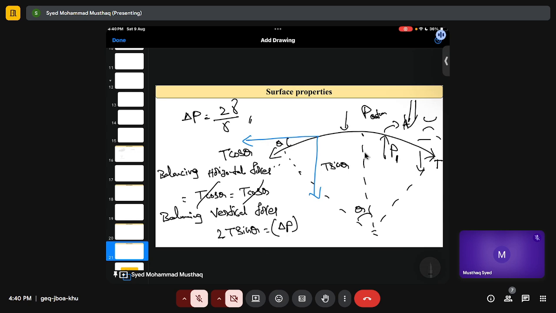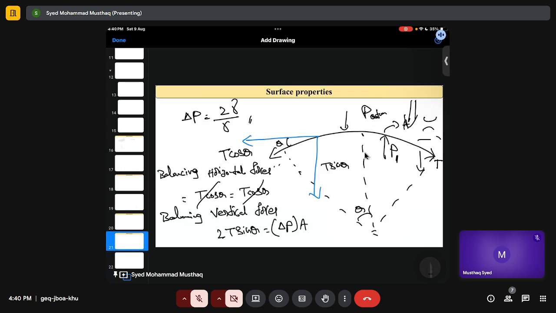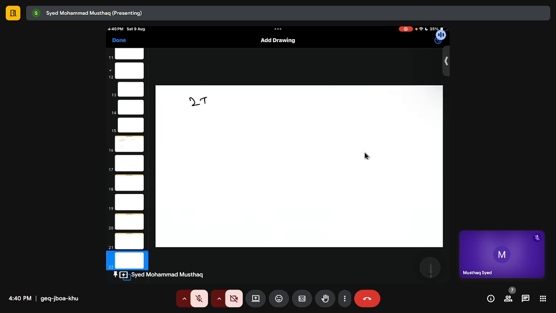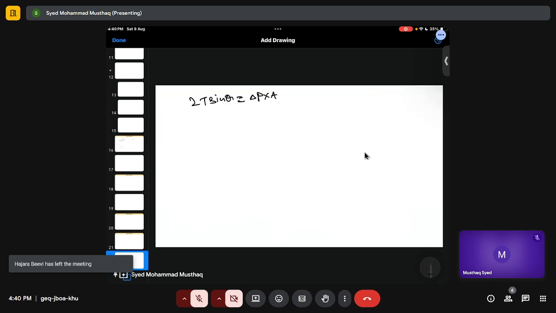Now 2t sin theta will be equal to the excess pressure, or P1 minus P atmosphere, times the area. Now 2t sin theta equals change in pressure times area. If we are considering a very small area, then sin theta can be approximated as theta.